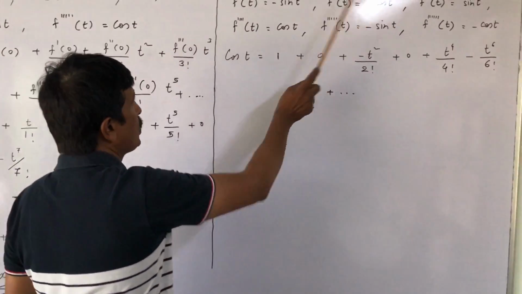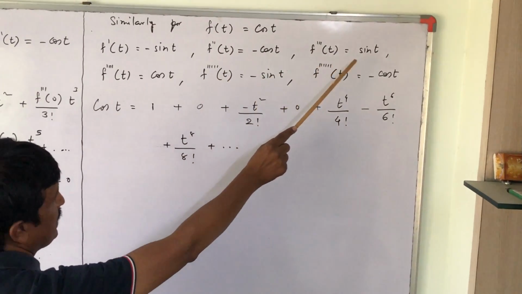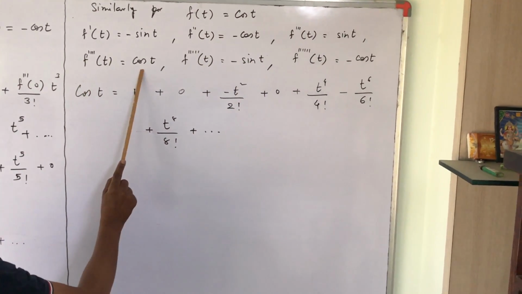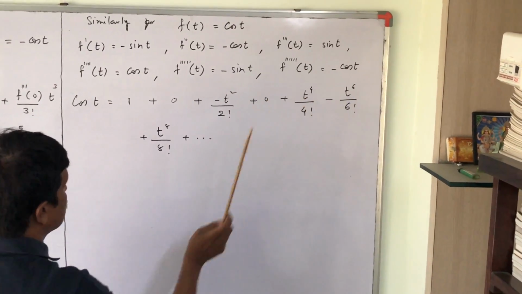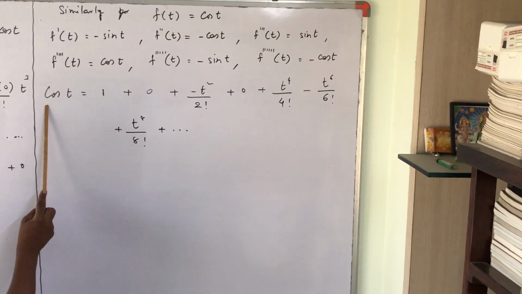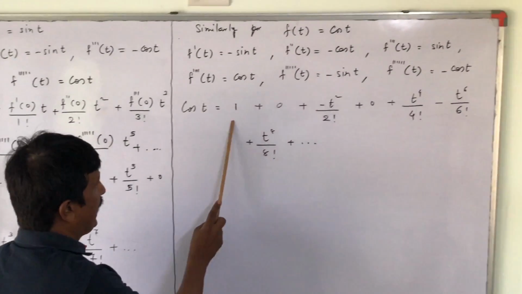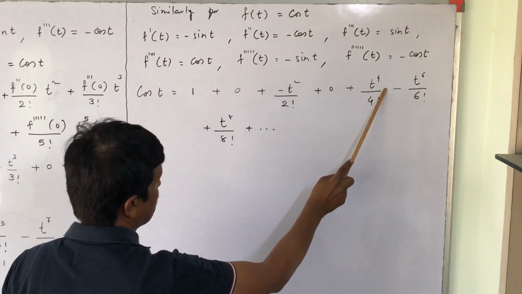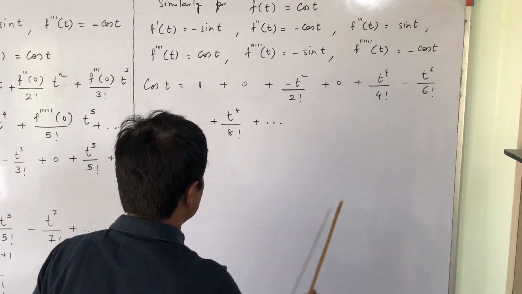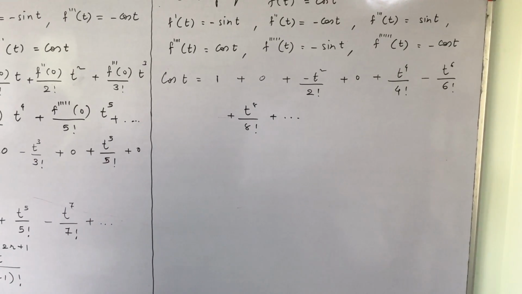Similarly, f of t is cos t, f dash t is minus sin t, f double dash t is minus cos t, f triple dash t is sin t, f four dash t is cos t, f five dash t is minus sin t, f six dash t is minus cos t. So cos t, using the same rule, we get 1 plus 0 minus t square by 2 factorial plus 0 plus t raised to 4 by 4 factorial minus t raised to 6 by 6 factorial plus t raised to 8 by 8 factorial.